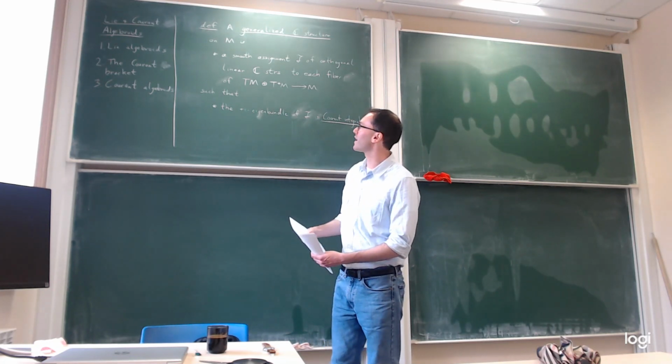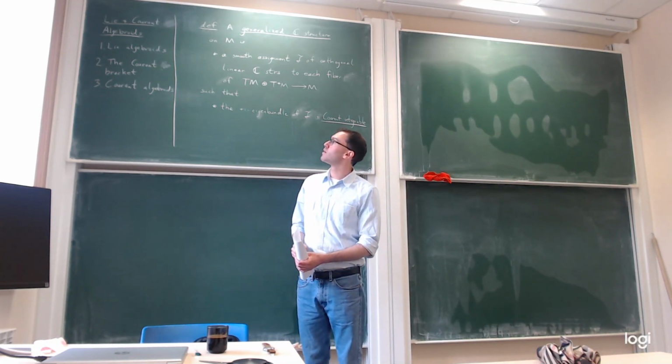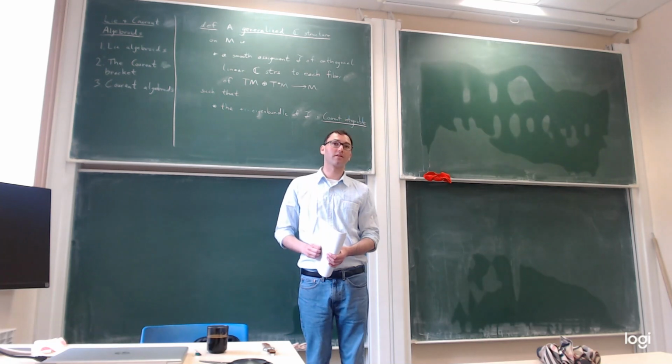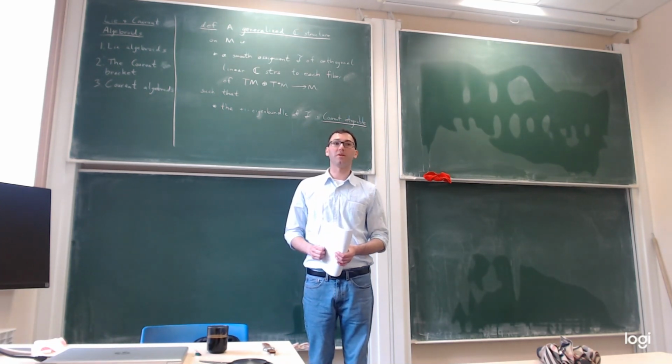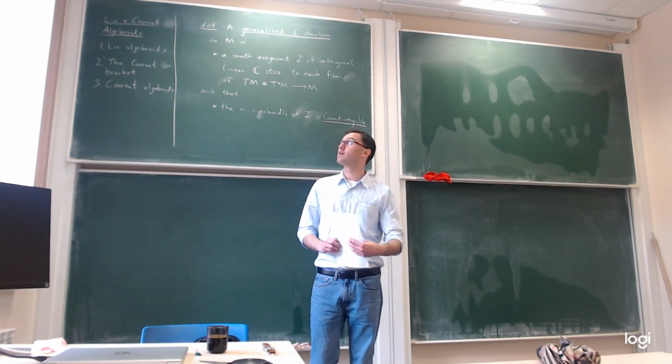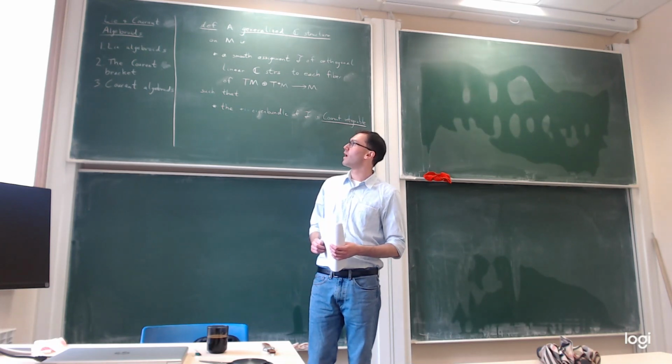So we'll see that. But first, we'll review Lie algebroids, and I think it would be good for us to cover some of the material that we did see last time.